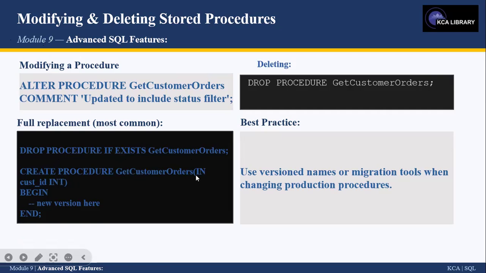Create procedure GetCustomers, and begin new version here, end. Best practice: when working in production, use version names or migration tools to manage changes safely.